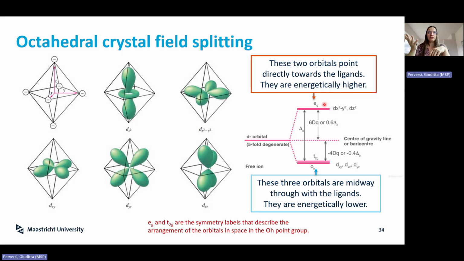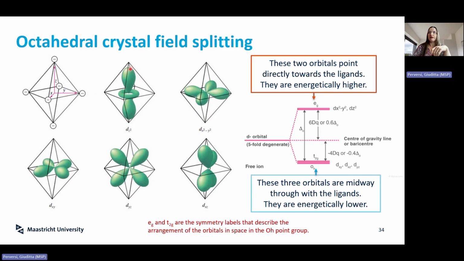So if we go into the octahedral geometry, once again, the orbitals that point directly in the direction of the ligand are dz square and dx square minus y square, because you can see that the lobes of the orbitals point exactly in the direction of the ligand once you define the proper Cartesian arrangement.